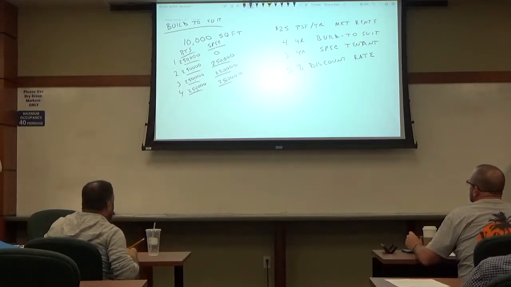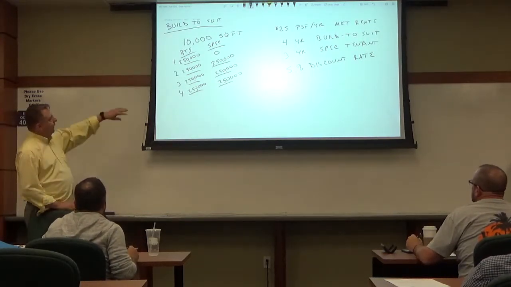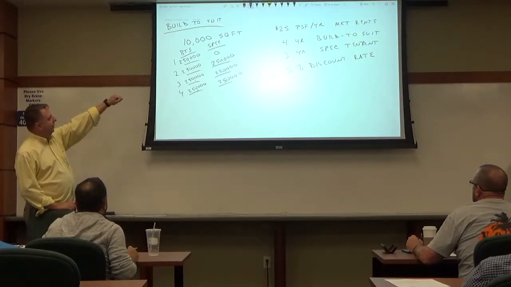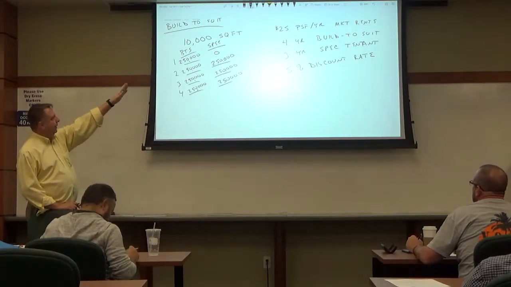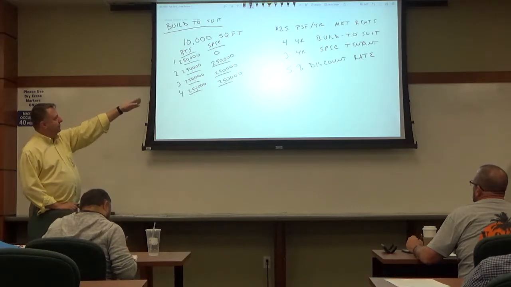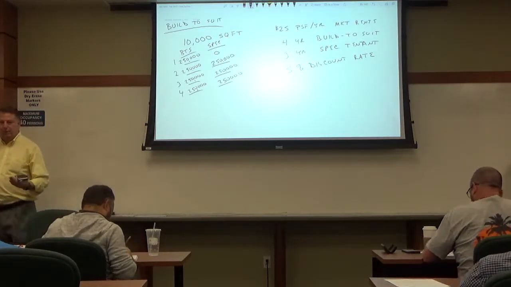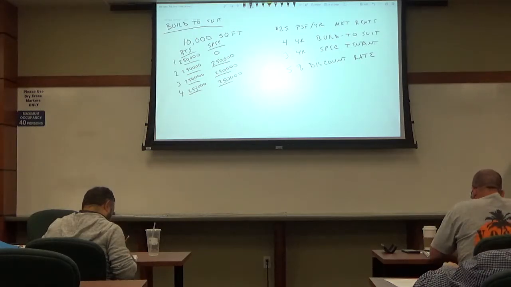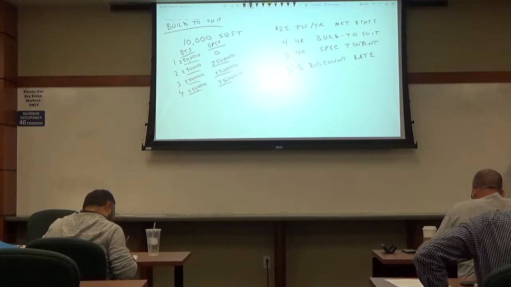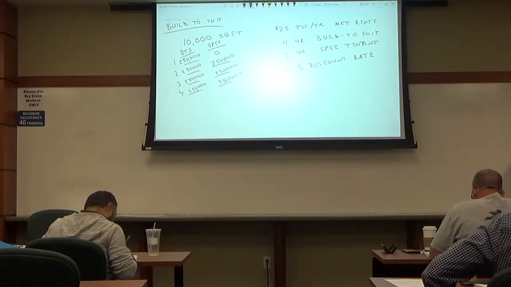Okay, so now what we want to do is look at the present value of those two scenarios, the build to suit versus the spec, using that 5% discount rate. So it becomes a cash flow. Or you could set it up as an annuity, but it gets complicated because of the first year being 0.